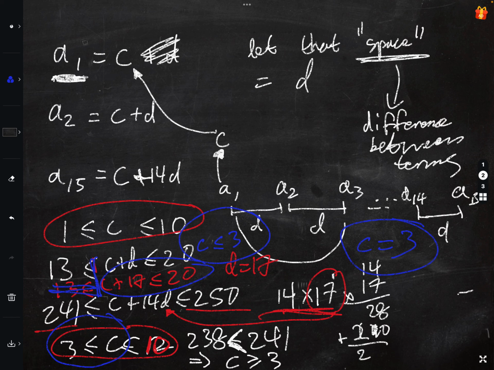And since we know that C is 3 and D is 17, A14 is nothing but 3, which is C, plus 13, because 14 minus 1 is 13, times 17, which is simply equal to 241, right? And yeah, 241.